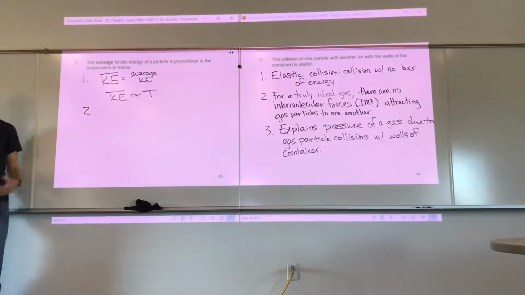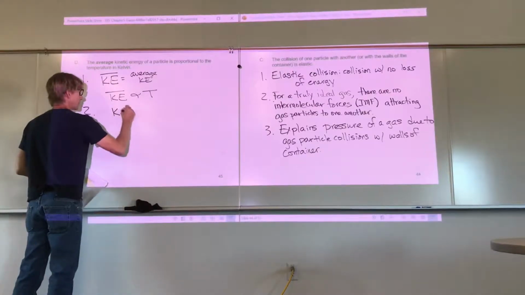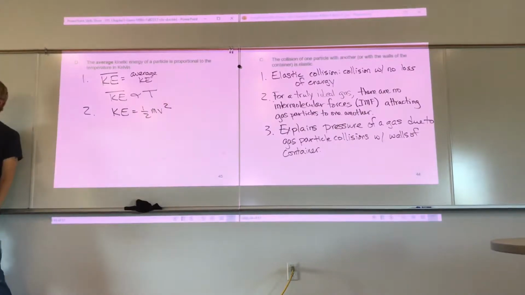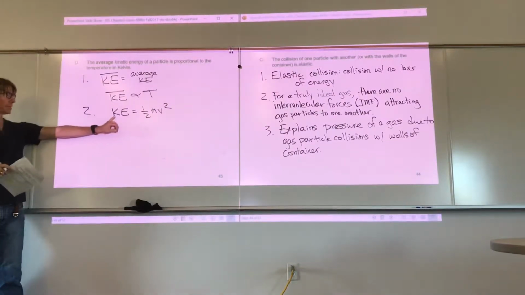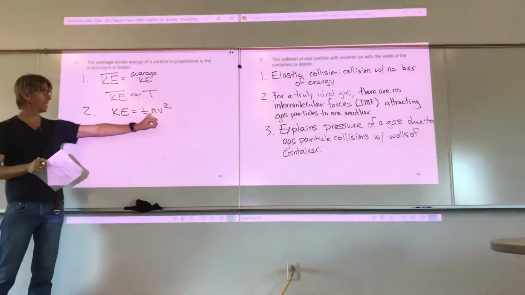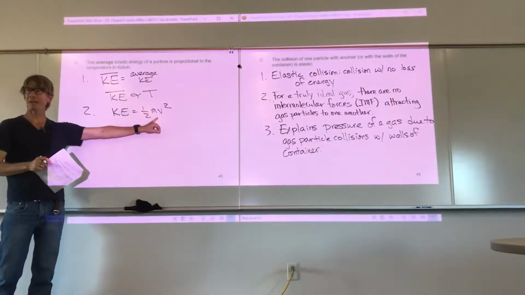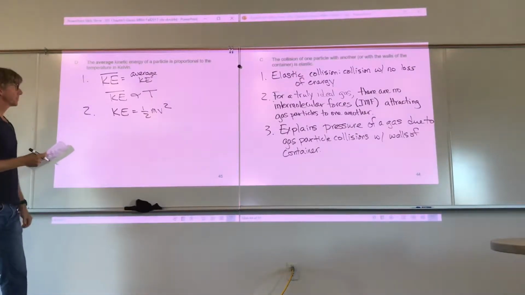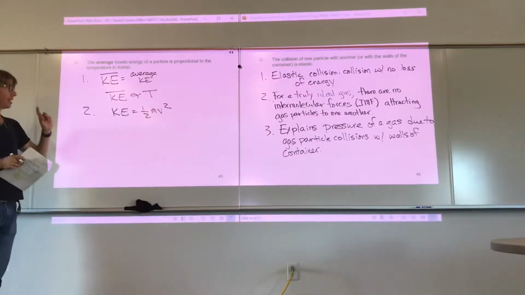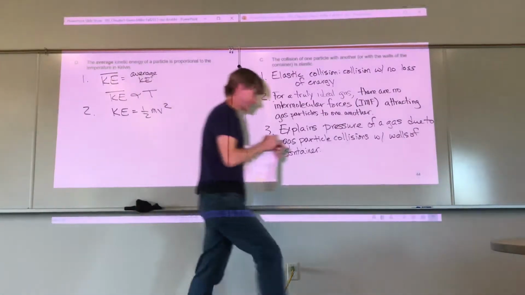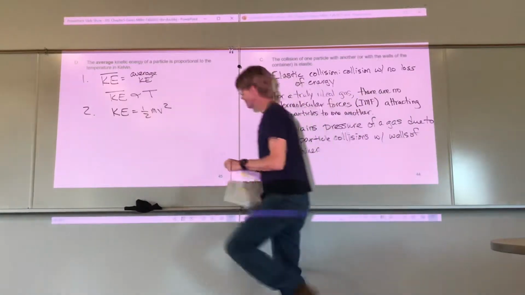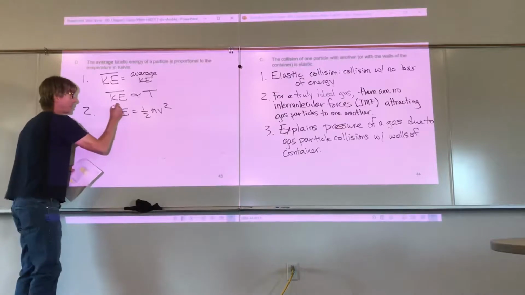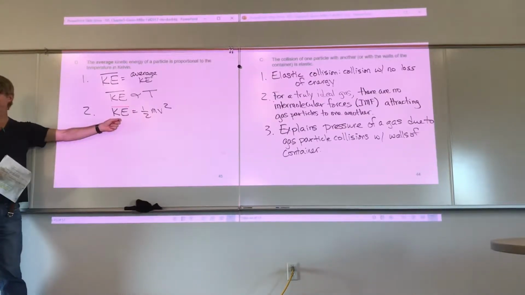But if we accept this, then we can use another equation. And the other equation perhaps is more familiar for those of you who have taken physics at some point. This one says that the kinetic energy equals 1/2 mv squared. M is mass, v is velocity. And to make these equations more similar, I'll put a bar over this to make it average.